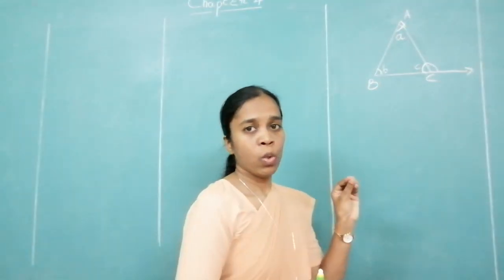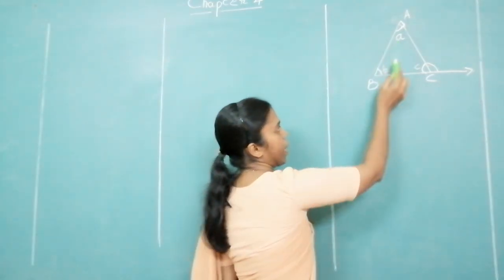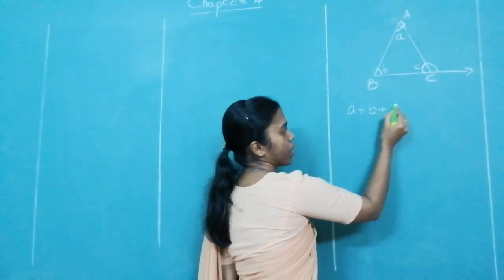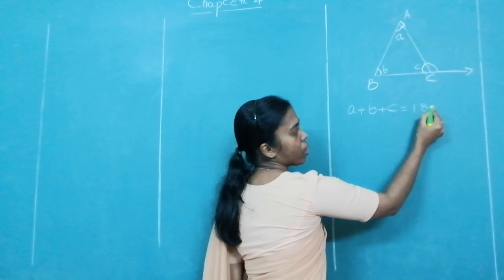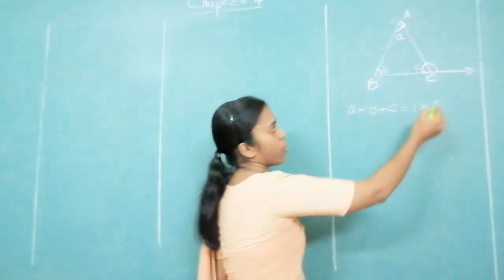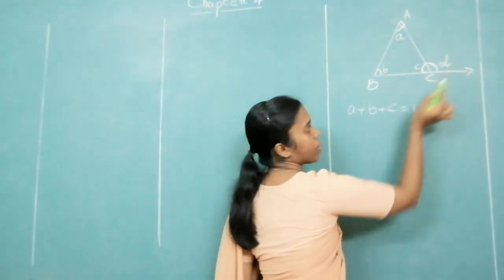Now, you already know the sum of the measures of the angles of a triangle. Sum of the measures means A plus B plus C. What do you know about A plus B plus C? Sum of the measures of all the angles of a triangle is equal to 180 degree. Now, I am naming this exterior angle as D, the measure.